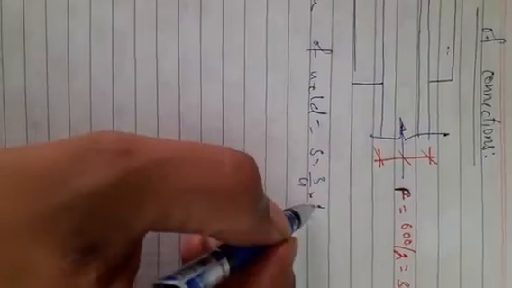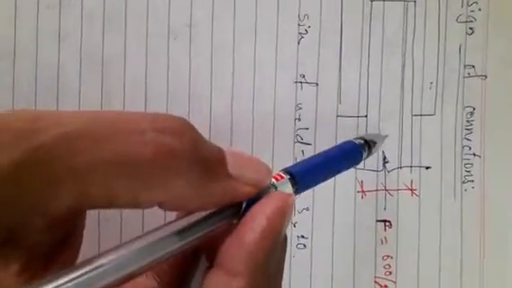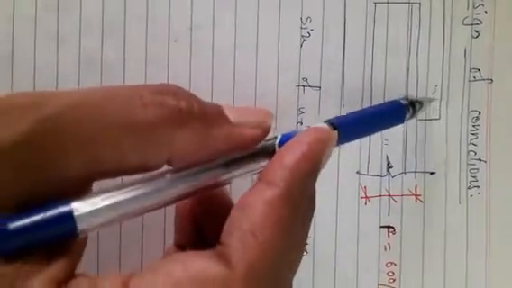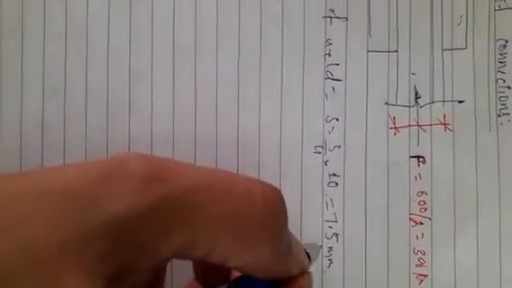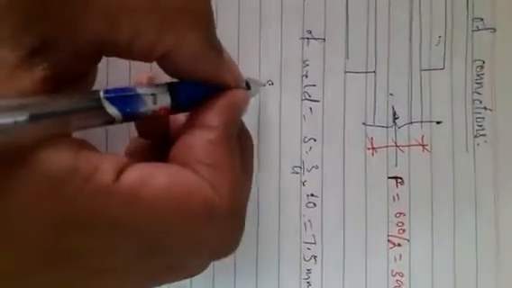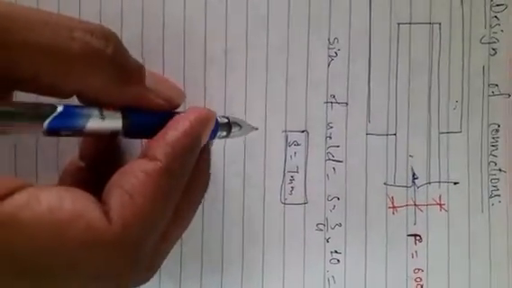You have to choose the thinner plate between angle and gusset plate. Gusset plate is 12, angle is 10. So 3 by 4 of 10 I get 7.5 mm. So 7.5 mm is maximum weld size. I will round it off to 7 mm. So provide weld of size 7 mm.